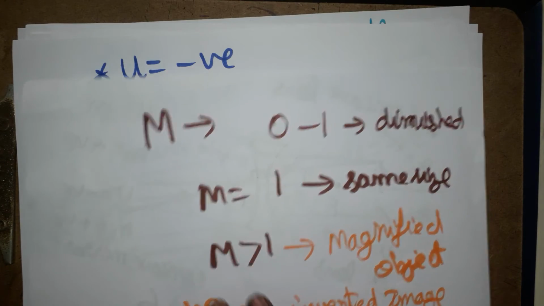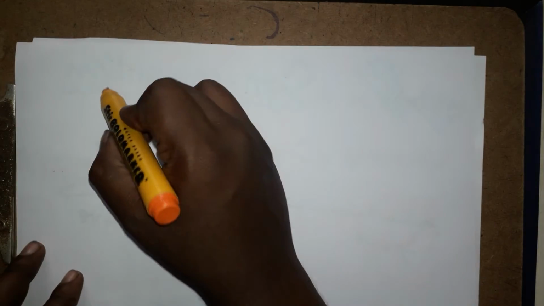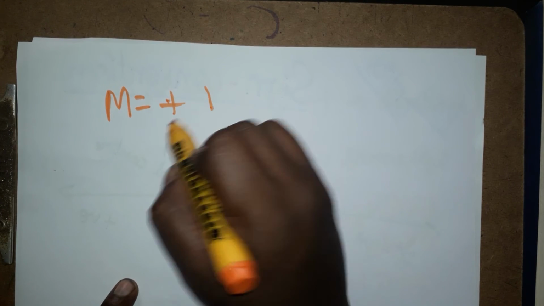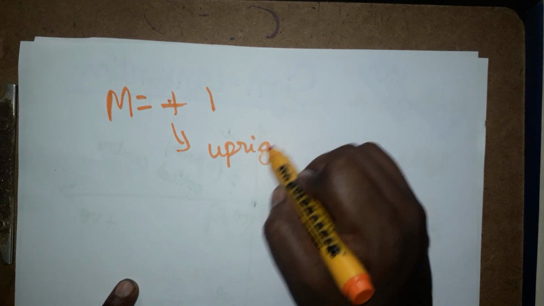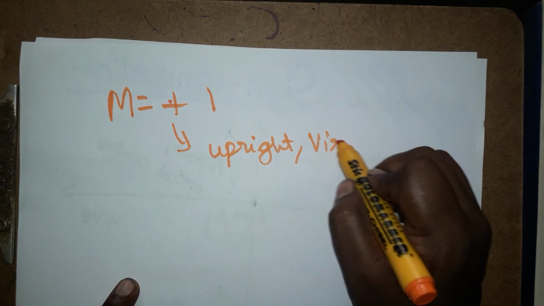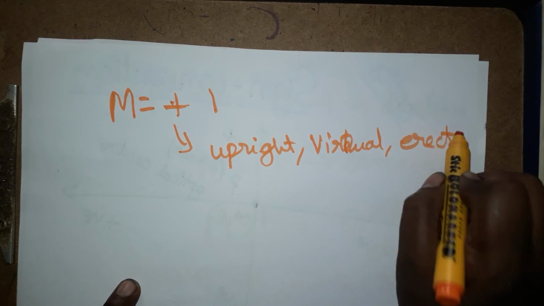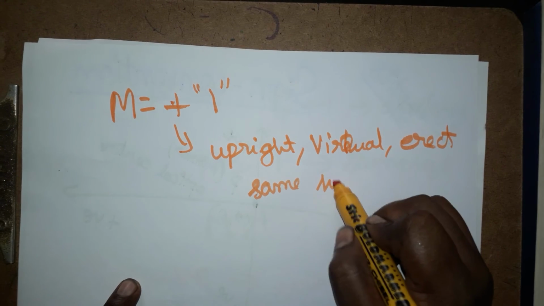So now I am going to explain how the magnification works. I got magnification equal to plus 1. Plus is upright. Upright means it's going to be a virtual image, called erect. And 1 indicates same size.